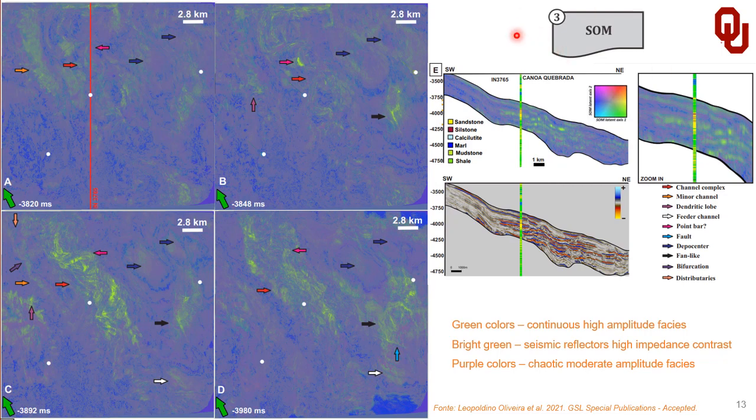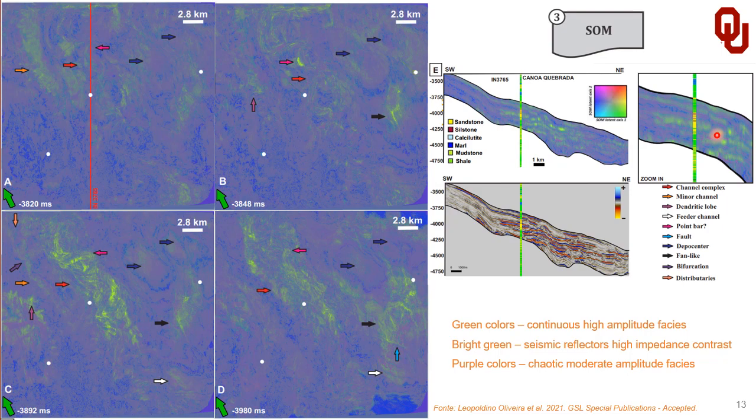Comparing the results with the well phases, these colors are associated with interpreted sandstones and shales, more sand than shale, as you can see here.